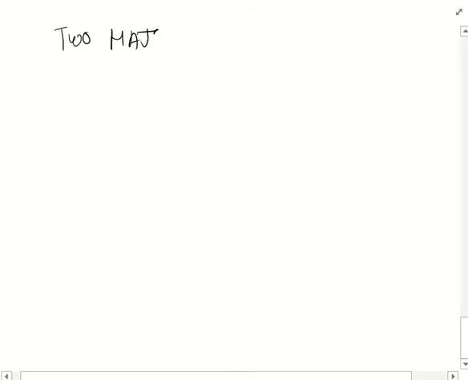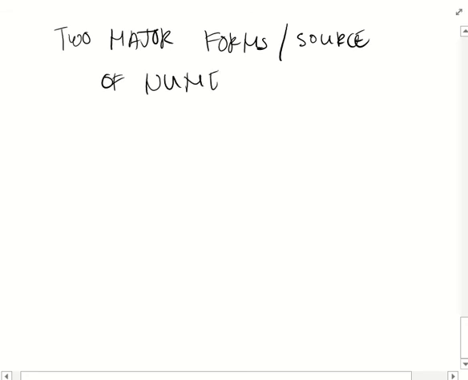So before we define an error, first I will discuss the two major forms or sources of numerical errors in numerical methods.